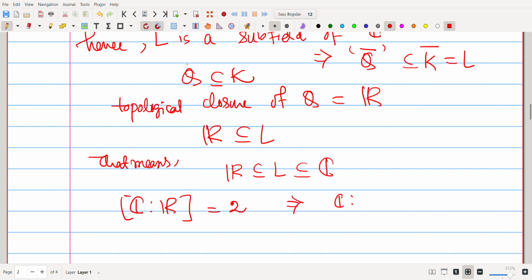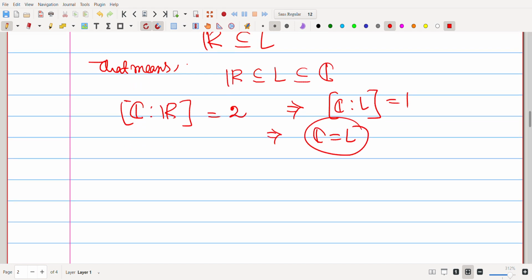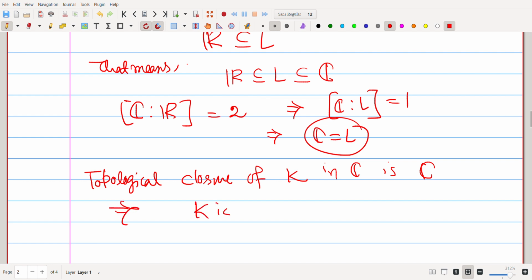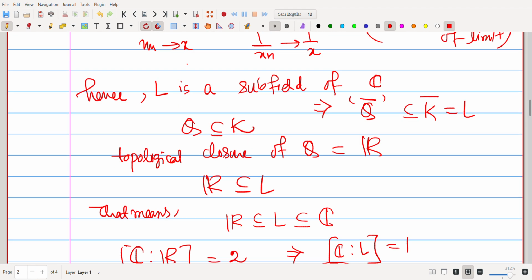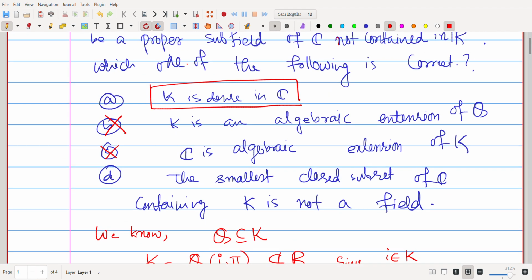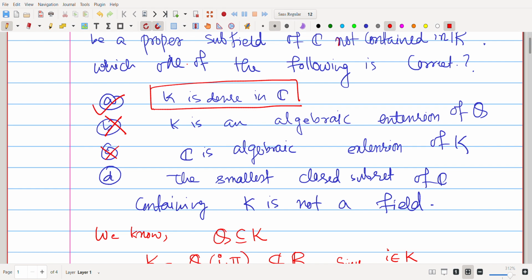That will imply that the extension degree of C over L is 1, which implies that C equals L. That means the topological closure of K in C is C. That will imply K is dense in C. So hence option A is correct.